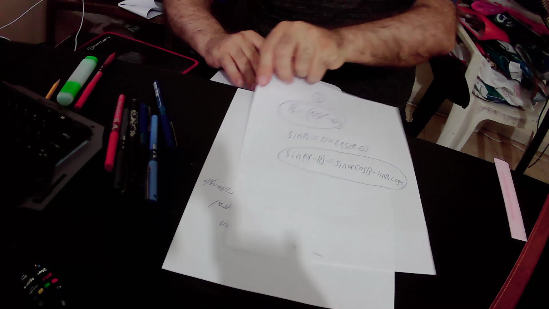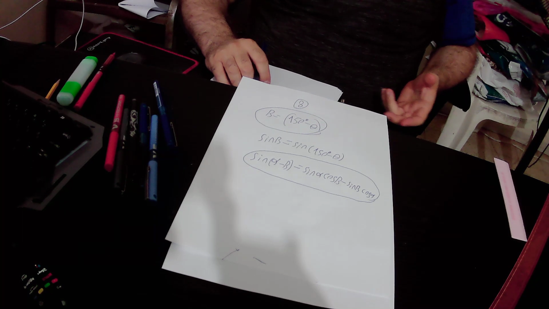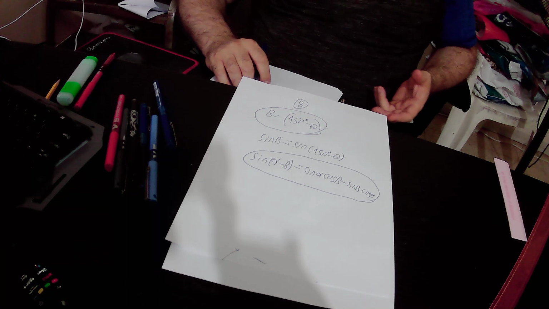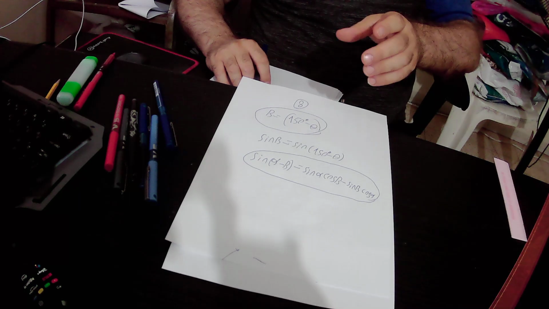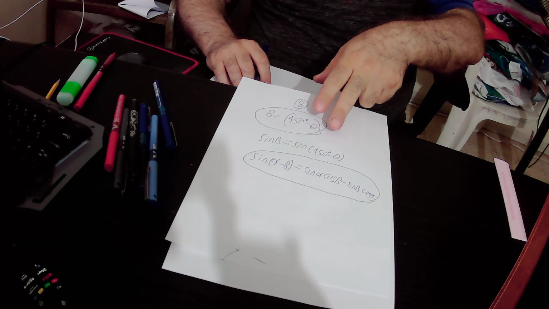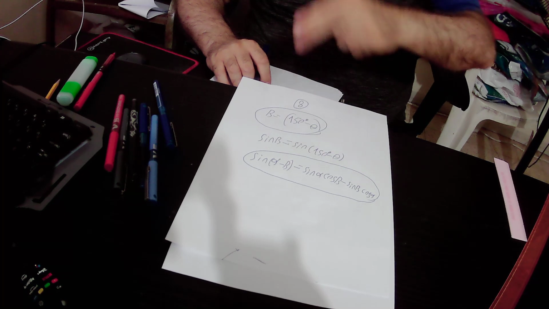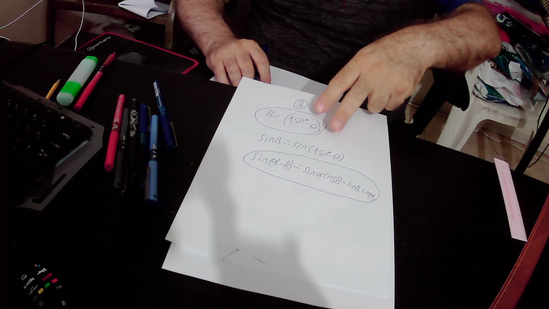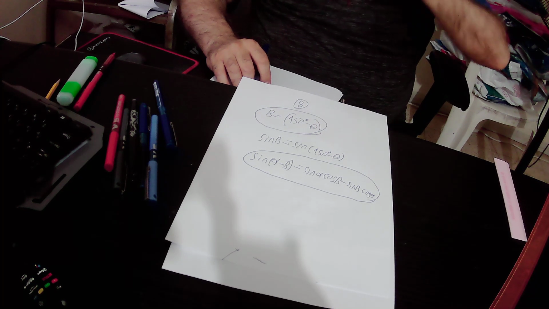Actually, we have a trigonometric identity that states that sine of alpha minus beta equals sine alpha cosine beta minus sine beta cosine alpha. So we can calculate the value of sine beta, or sine of 150 degrees minus theta, according to this identity, when alpha equals 150 degrees and beta equals theta.